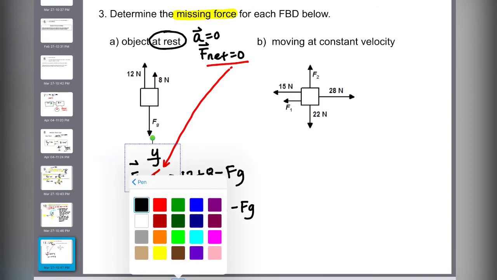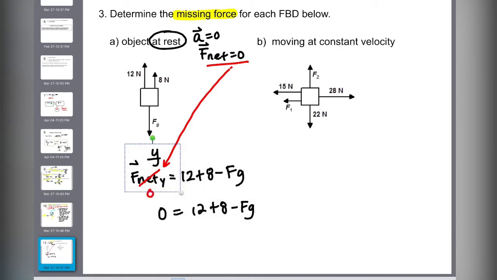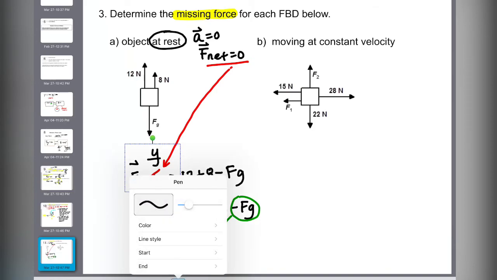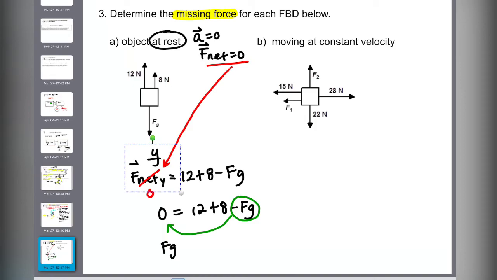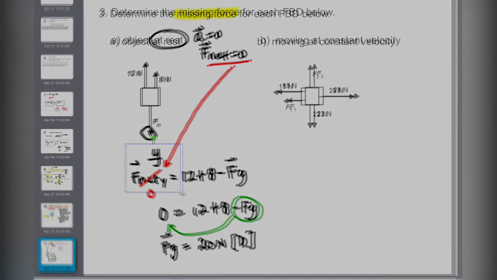You don't have to write this next step out, but I'm just going to show you to make sure we're good. Does it make sense that I would have to move this over to the other side? It used to be minus, so I'm now moving it to the other side by adding. So FG is equal to 12 plus 8, which is 20 newtons. And don't forget the direction. Don't forget your vector sign, right? The direction is pointing downwards right here, so we write the direction down.